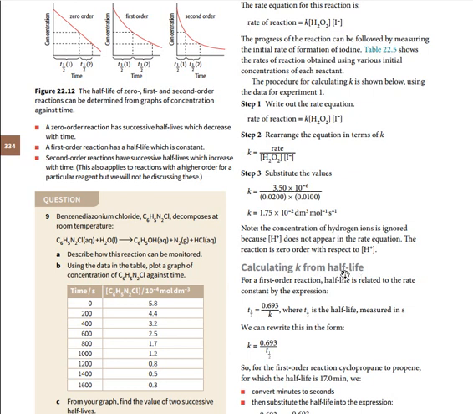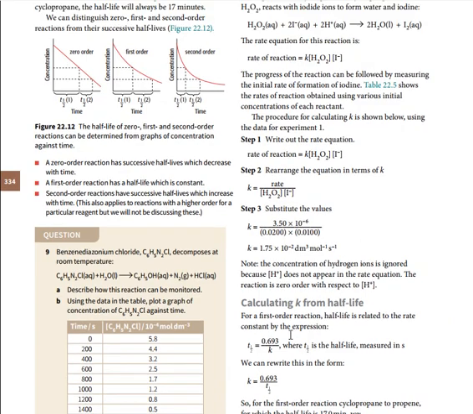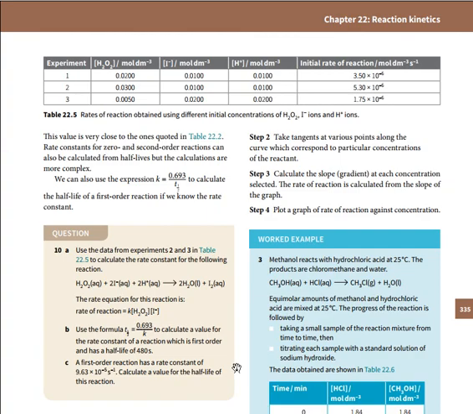So now in order to calculate the half-life, just know that t half is equal to ln 2 divided by k, which is the rate constant. As easy as that.